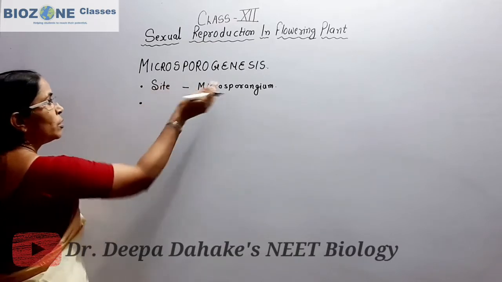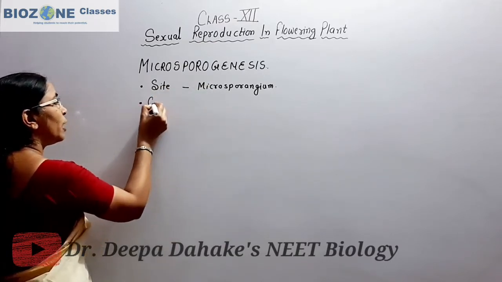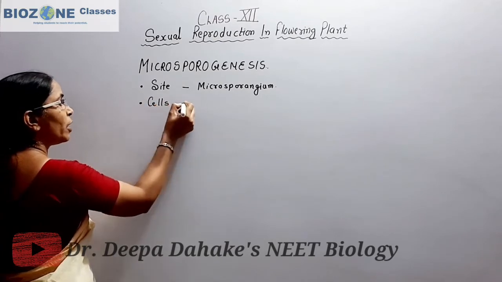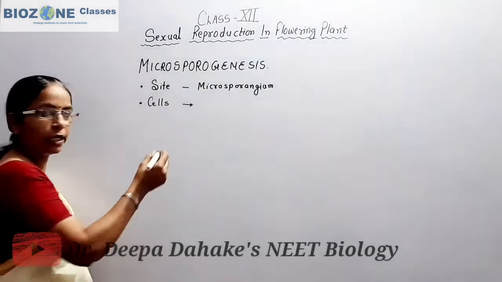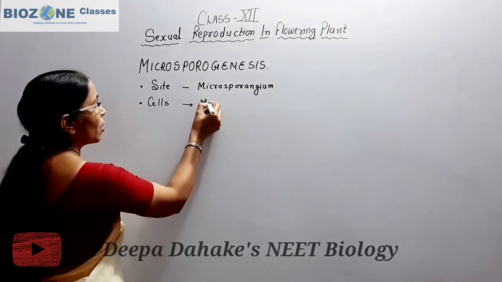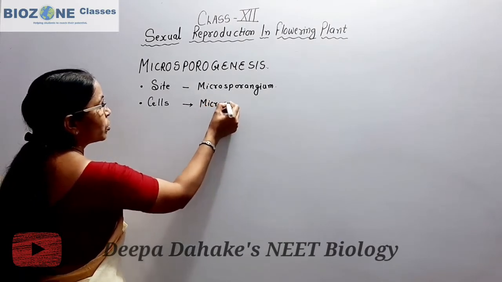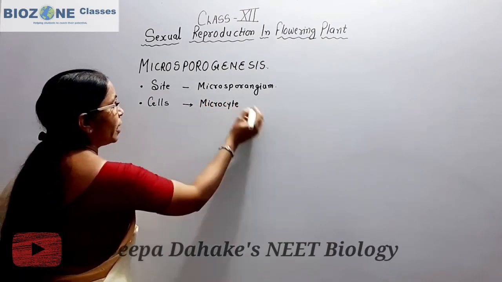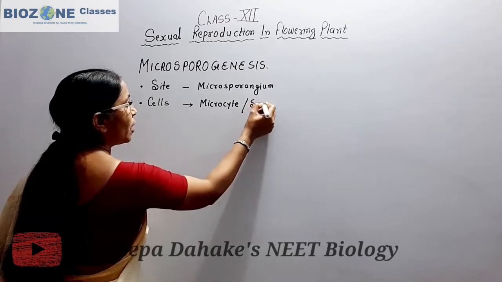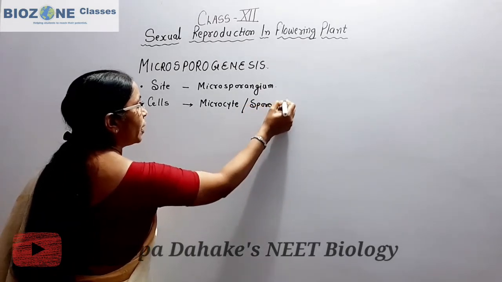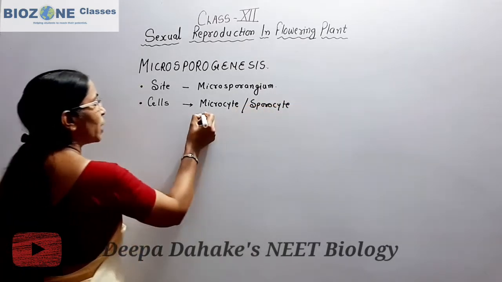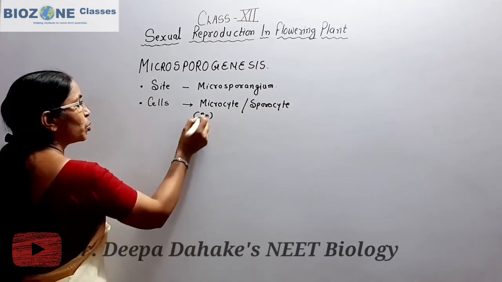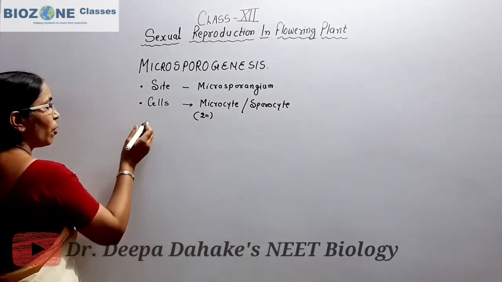Secondly, when you study about the site, then you remember the cells which enter microsporogenesis. These cells are called microcyte cells, or simply sporocyte cells. These sporocyte cells, in terms of chromosome number, are diploid.